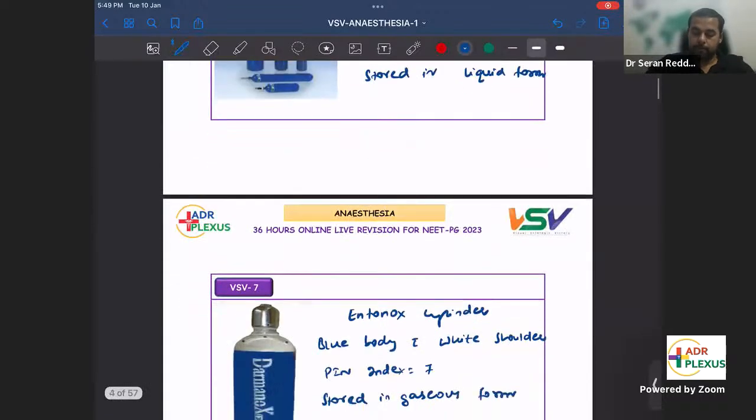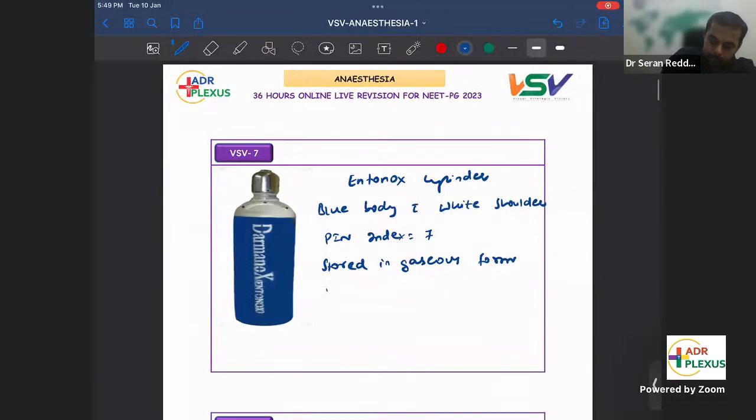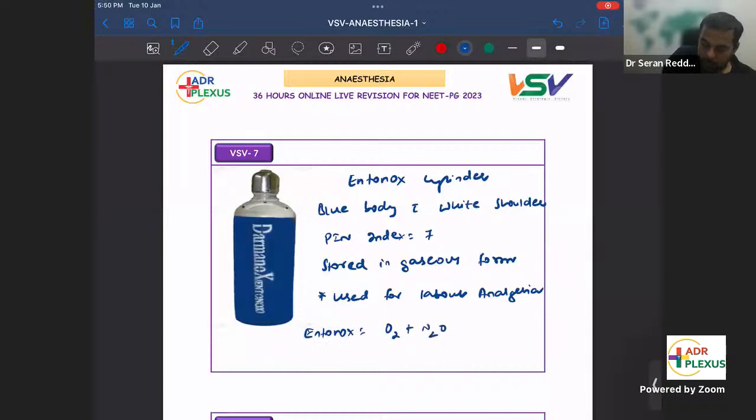Only remember the pressure here, just remember this point. It is used for labor analgesia. Entonox is nothing but a mixture of oxygen and nitrous oxide, usually in a 50:50 ratio.